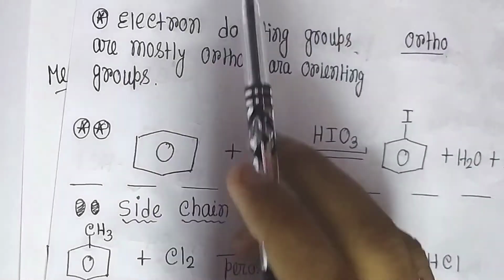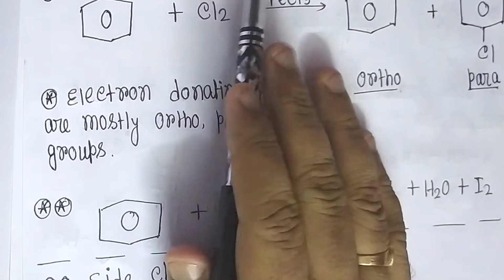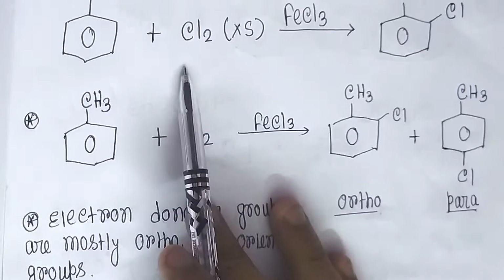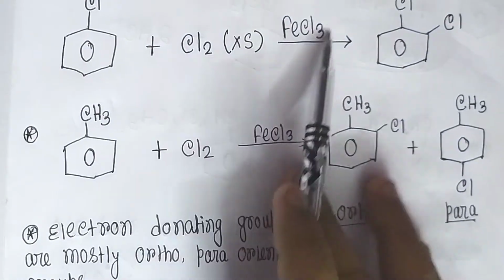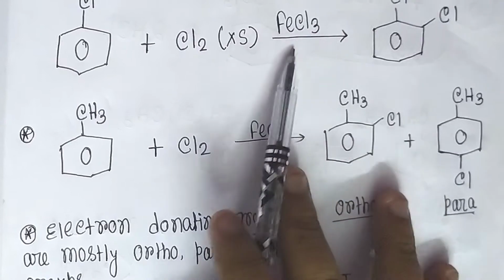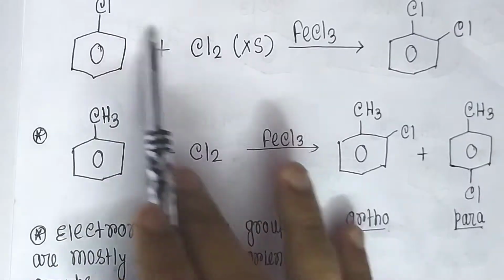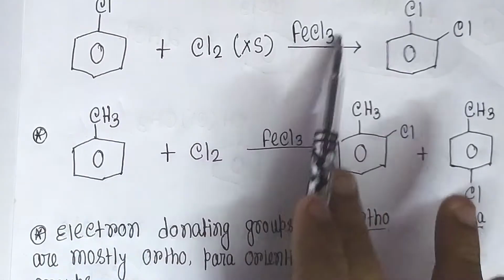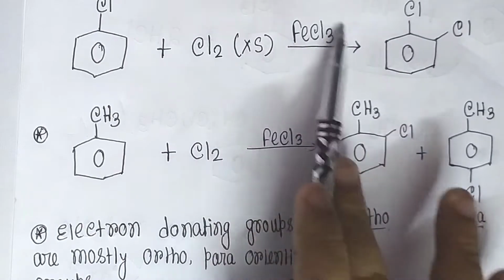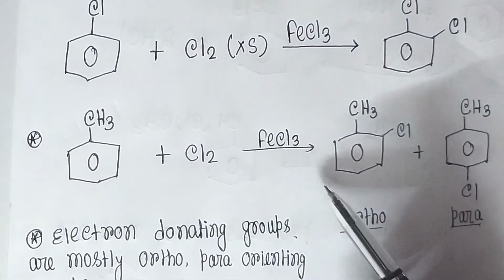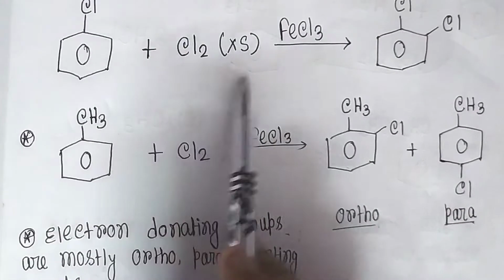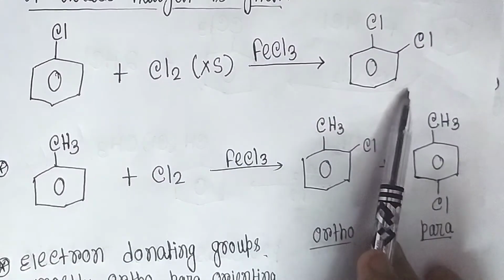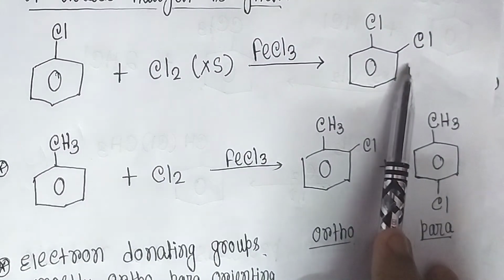Now, if you add some excess chlorine in this type of reaction, what would happen? In the presence of FeCl3, definitely, because if you want to do some replacement in this ring, you need to add FeCl3 to generate the electrophile. If you use an excess amount of chlorine, then you would get an ortho product. Why?